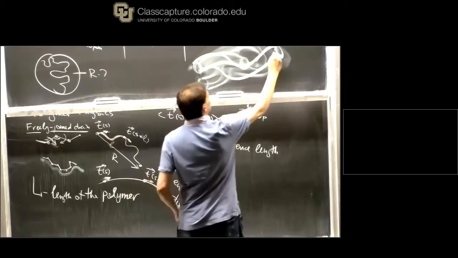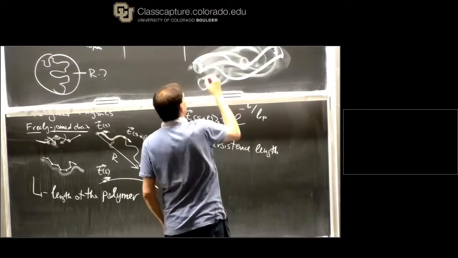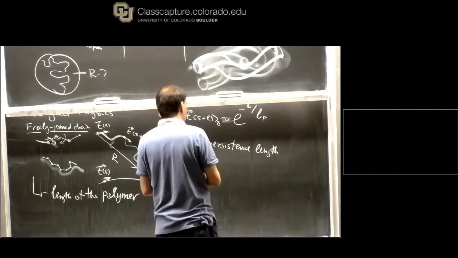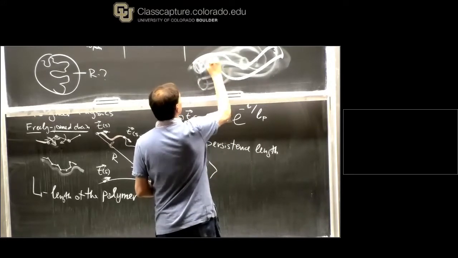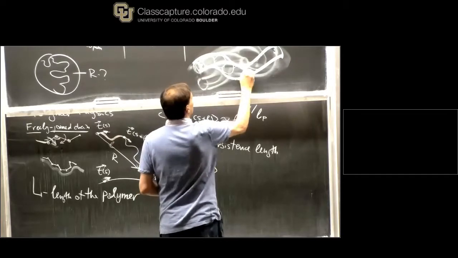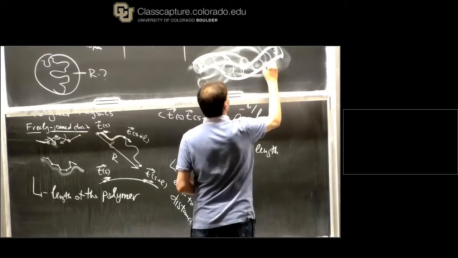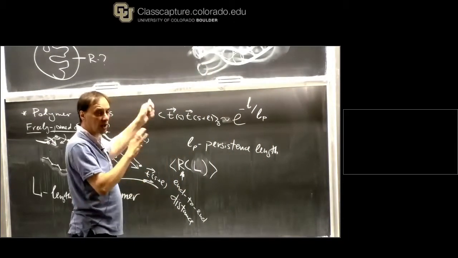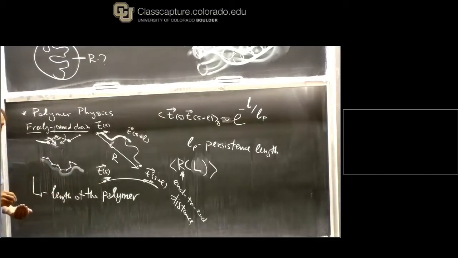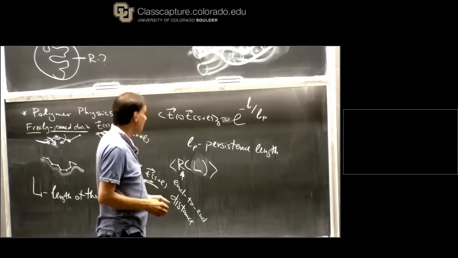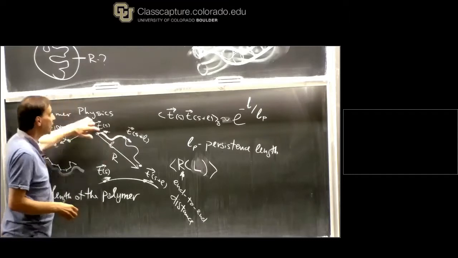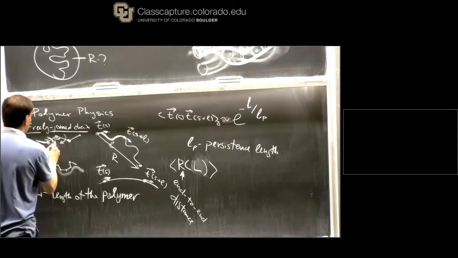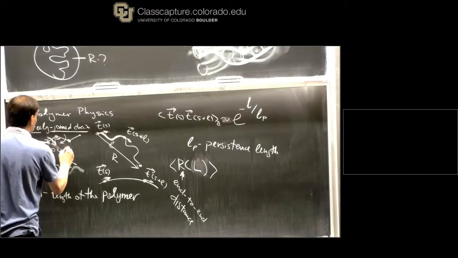This monomer and this monomer cannot come too close to each other because of the diameter of the tube. I can take that into account by approximating it by a series of monomers. But then in addition, I need to somehow take into account this excluded volume, and that we can do relatively easily. But so far, freely jointed chain, no excluded volume. So note that there is no excluded volume.